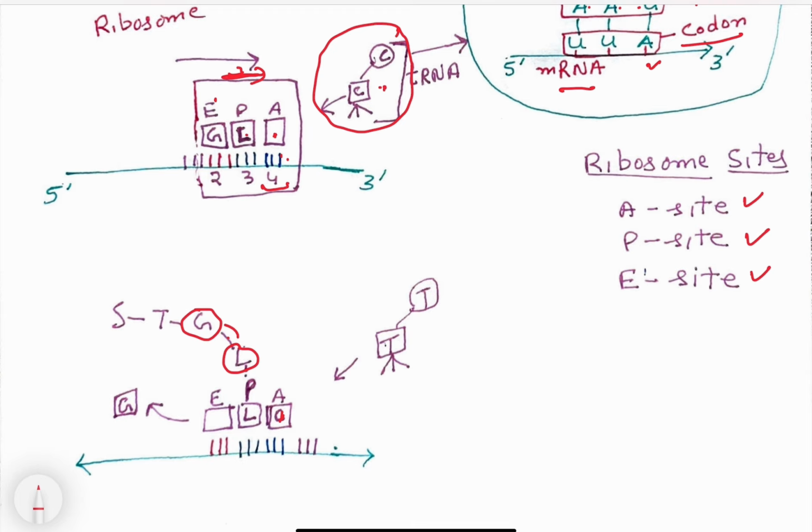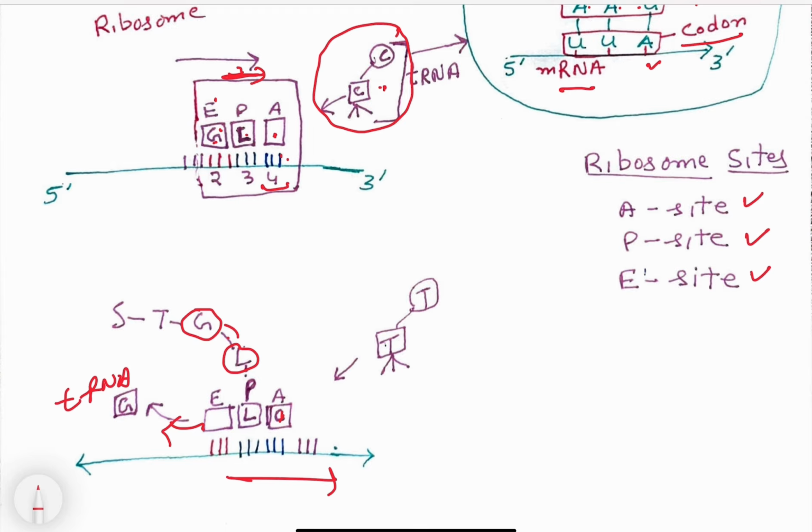The tRNA which was carrying this amino acid at this E position now exits out from this E site. So now this tRNA is free to go. And this whole process keeps repeating.